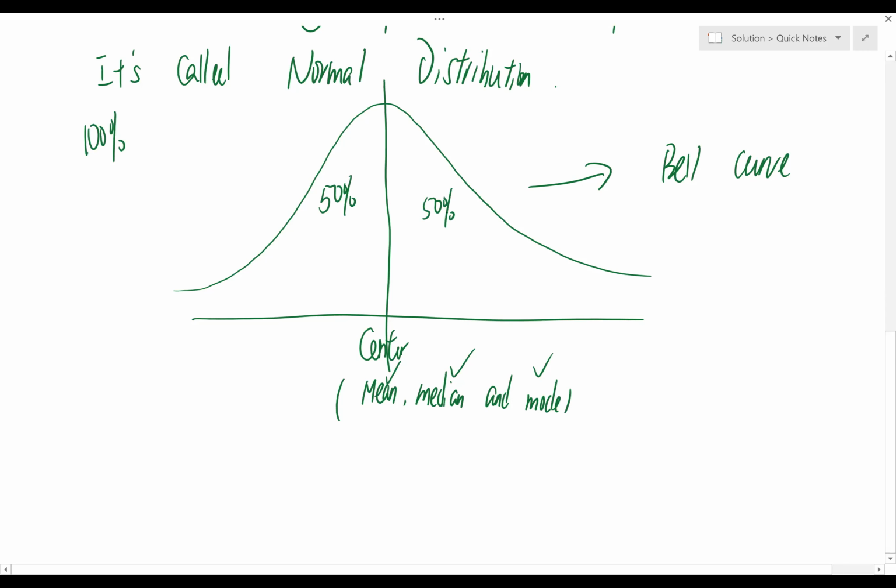Which means that 50% of data is below the center, 50% of data is above the center. So this center is very crucial. It splits half and half, and then creates a symmetrical image based on the center.